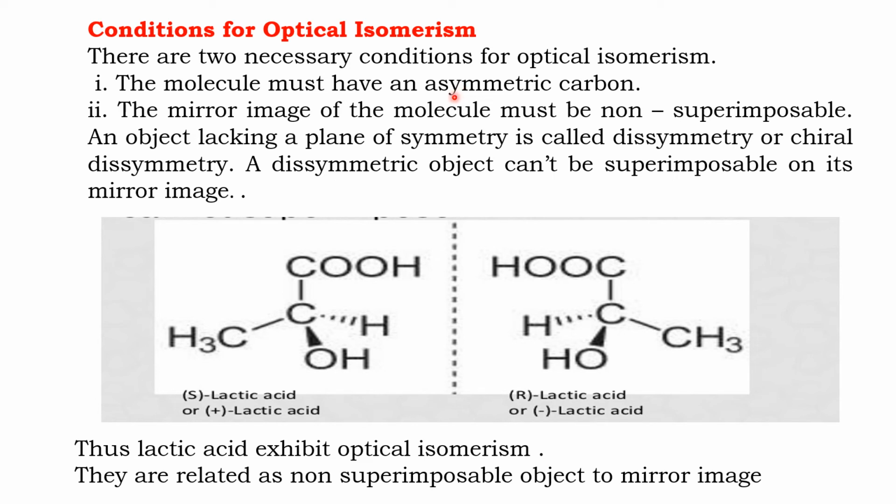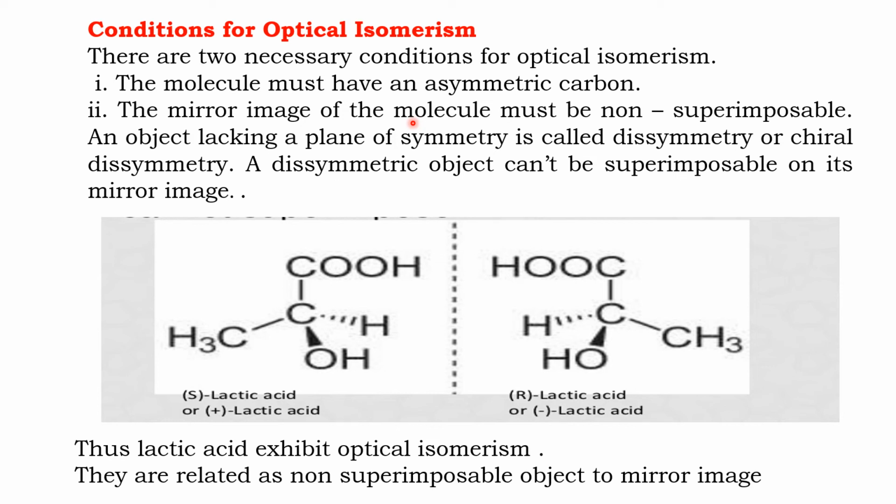The second condition is that the mirror image of the molecule must be non-superimposable, or we could say the object and its mirror image should be non-superimposable. If any molecule satisfies these two conditions, that molecule exhibits optical isomerism.